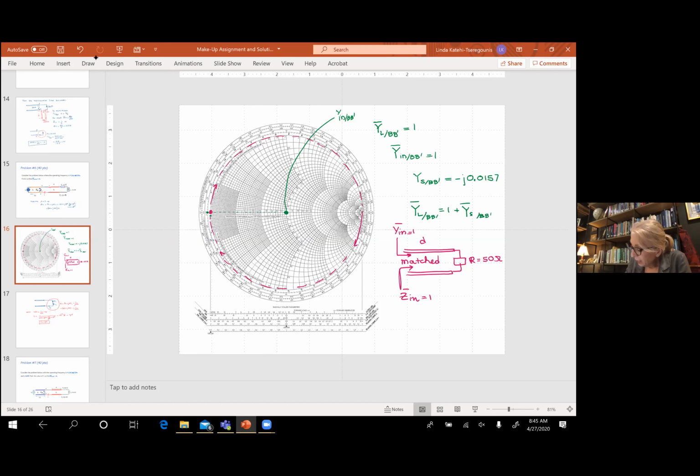And then from there, you find out that you are here already just from your load. So whatever capacitance you want to add, you don't want the admittance you add there to change the value of this point.